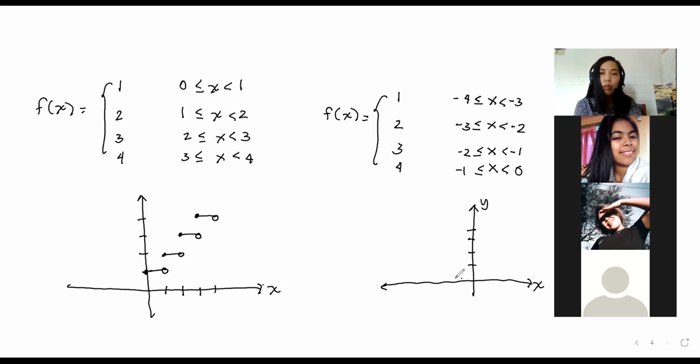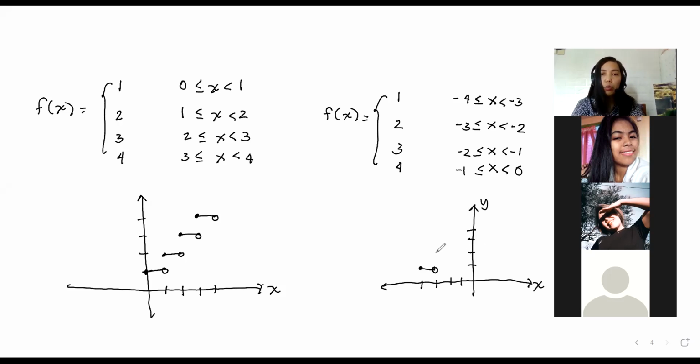So, we have -1, -2, -4. So, we have y is 1, and the value of x is between -4 and -3. So, it's close to -4, open to -3.